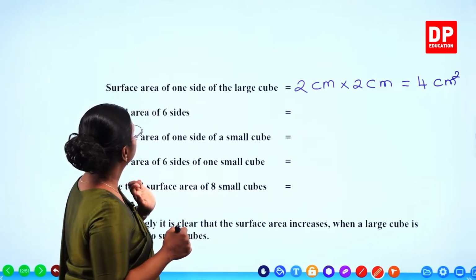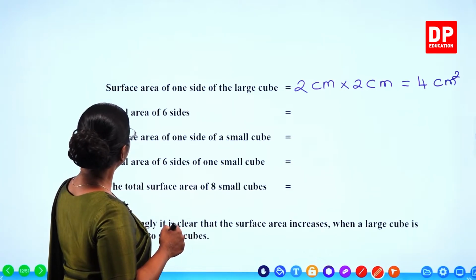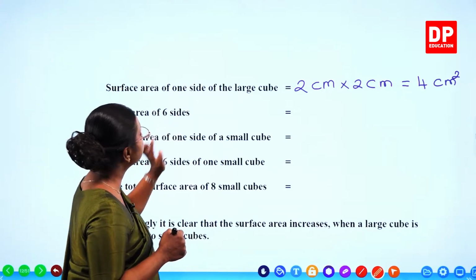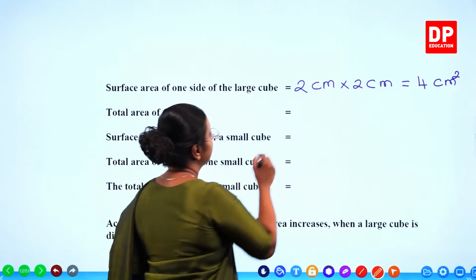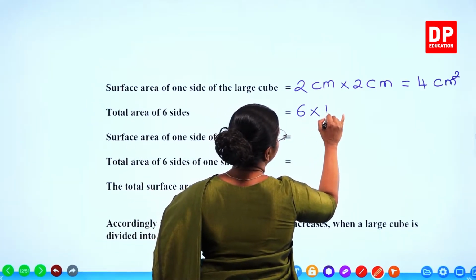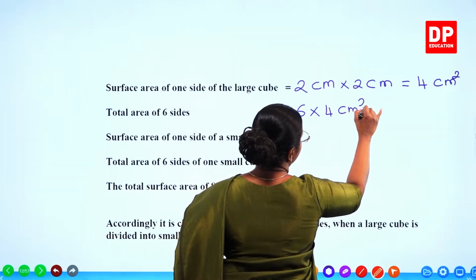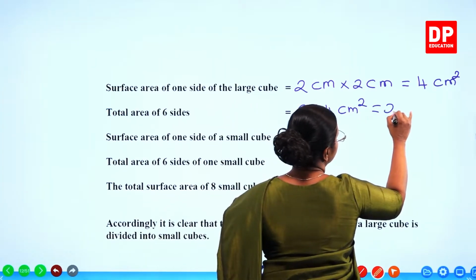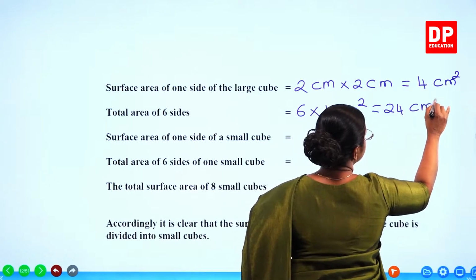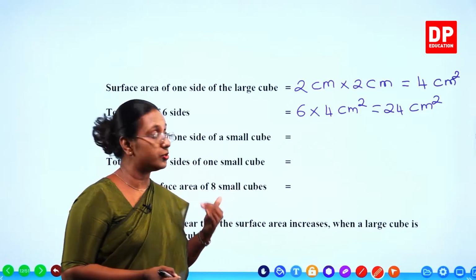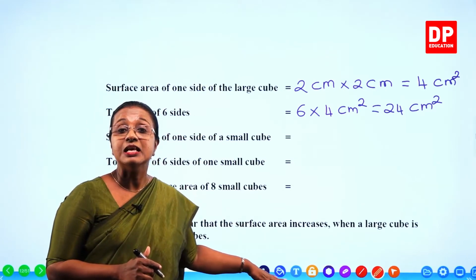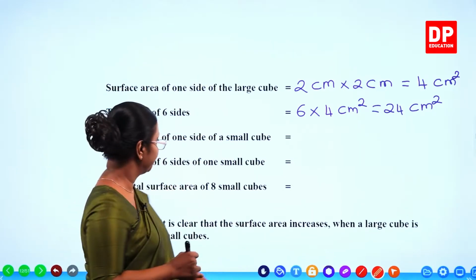Then, because there are 6 sides, the total area is 6 into 4 centimeter square, which is going to be 24 centimeter square. That is the calculation I did before also. Here everything has been written down separately for you all.